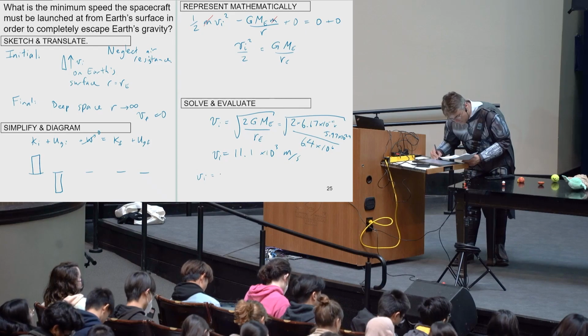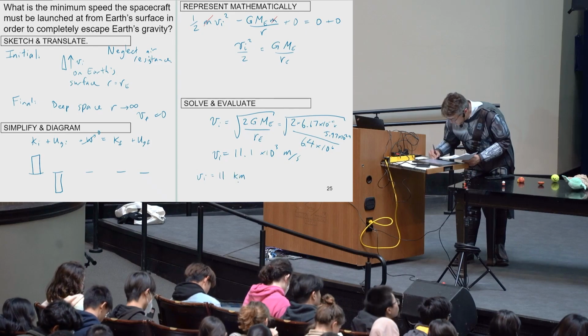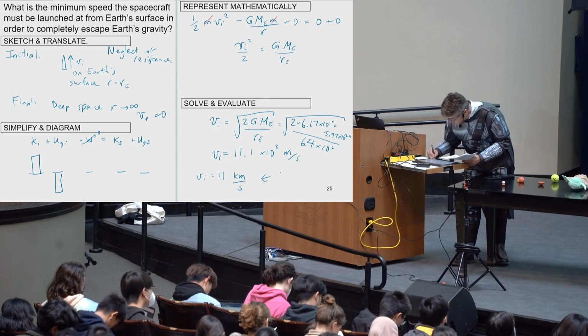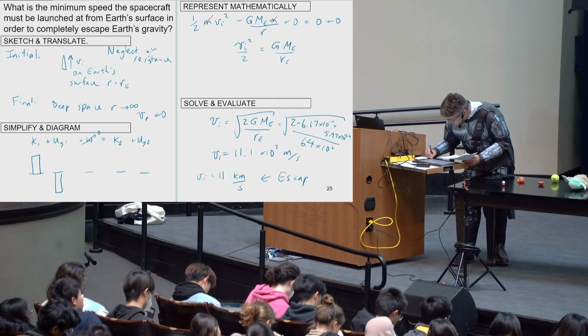So V initial is 11 kilometers per second. This is called the escape speed of Earth.